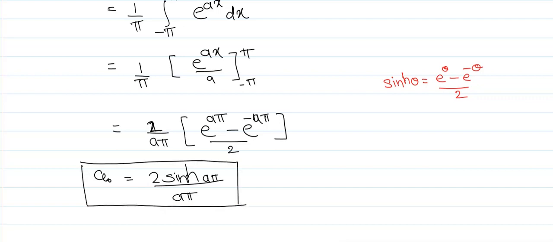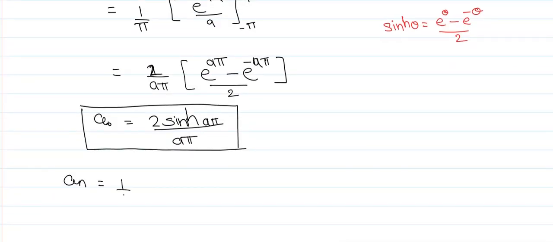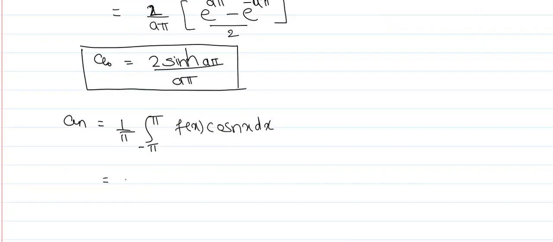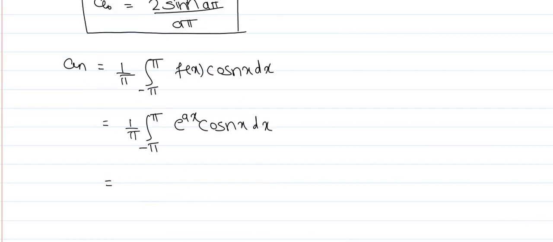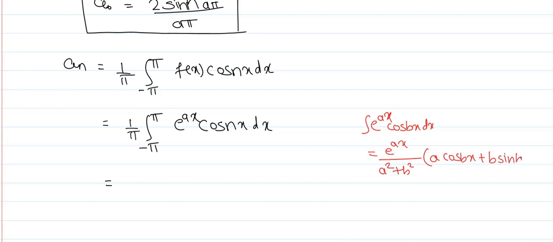This is the value of a naught. We have to find the value of an. An is given by 1 by pi integral minus pi to pi f of x cos nx dx. Therefore 1 by pi integral minus pi to pi, the value of f of x is e raised to ax cos nx dx. Now we know the formula: integral of e raised to ax into cos bx is e raised to ax divided by a square plus b square, a cos bx plus b sin bx.